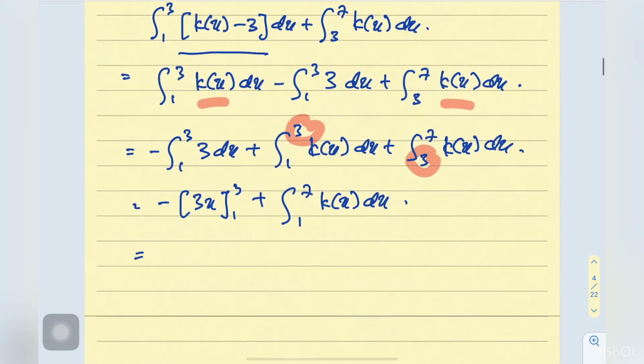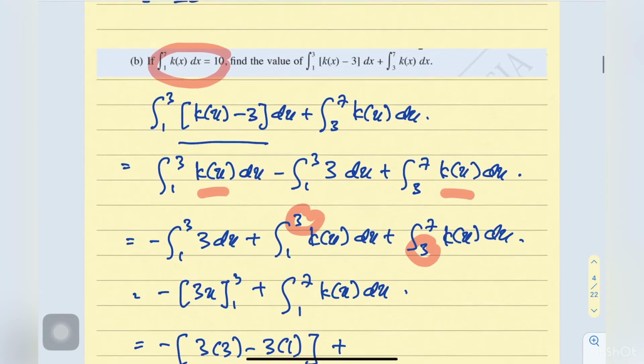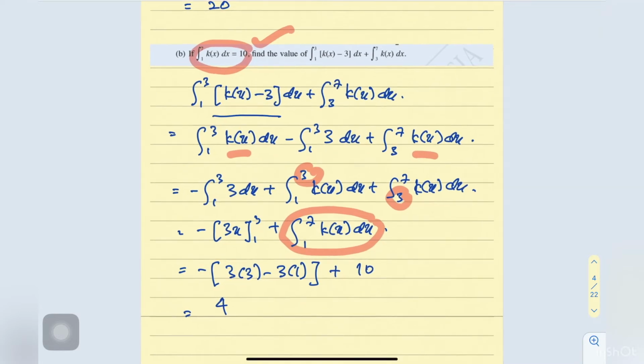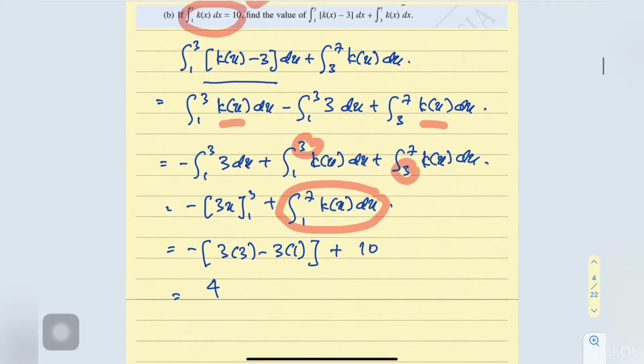So this one we substitute the upper limit: negative (3 times 3 minus 3 times 1), plus the value is 10. Okay, so we substitute here, so plus 10. Okay, so this one equals to negative 9 plus 10, so equals to 1... okay, so the final answer is 4.